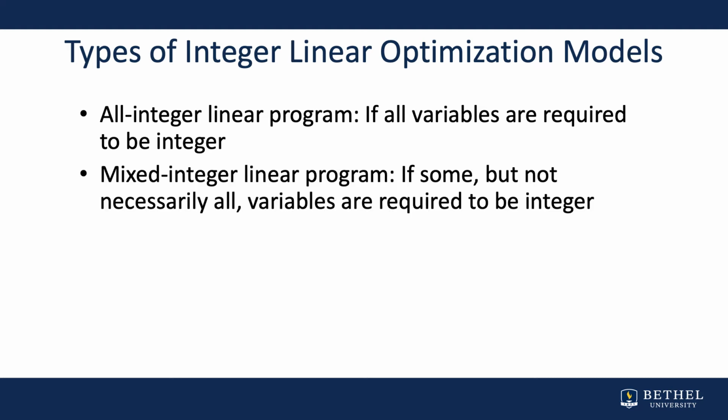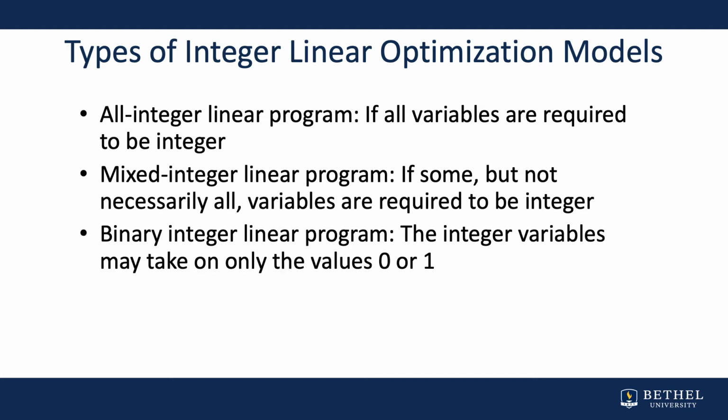We could do a mixed integer linear program, which might mean that not necessarily all the variables are required to be an integer. We have the binary integer linear program, where variables may take on only the value of 0 or 1. That would be of interest to a lot of our engineers and computer science people out there.